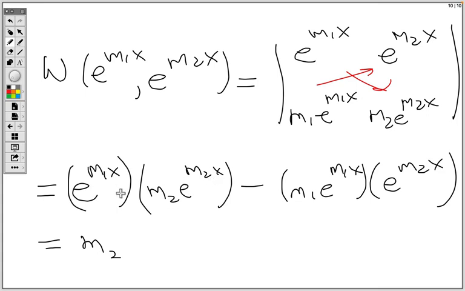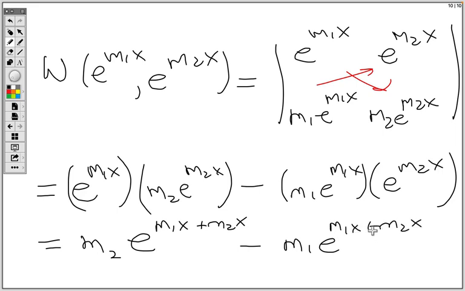And then once again, we've got exponentials with the same base. So since these exponentials are both base e, when I multiply them together, I can add the exponents. And now I can factor this exponential out from both of these terms. I'll be left with an m2 minus m1 e to the m1x plus m2x.